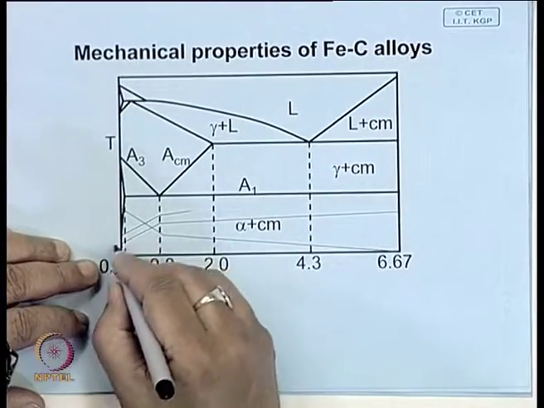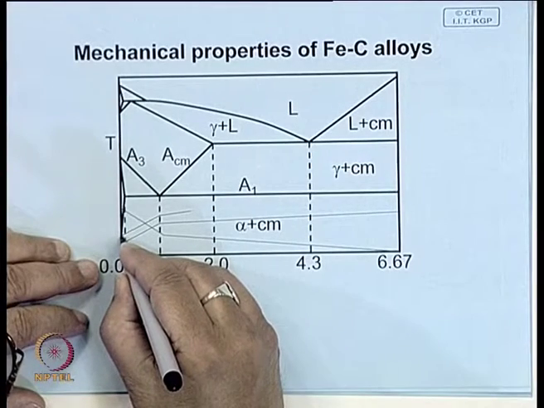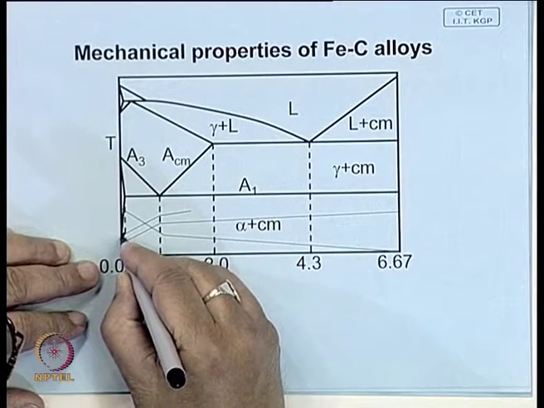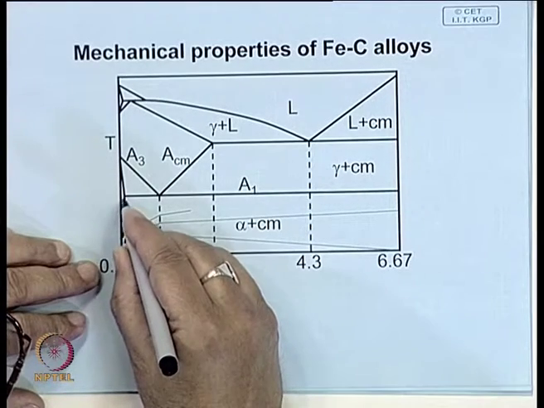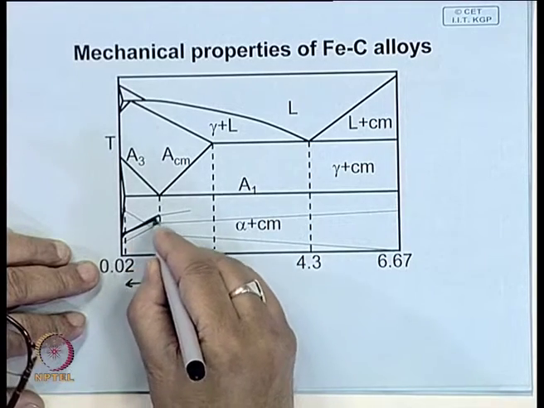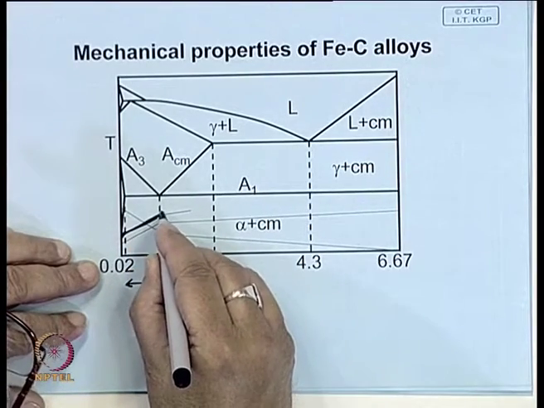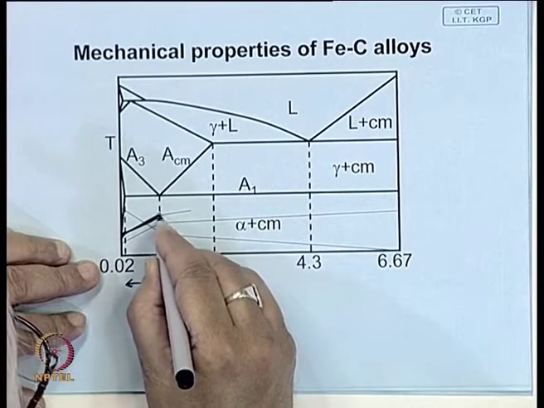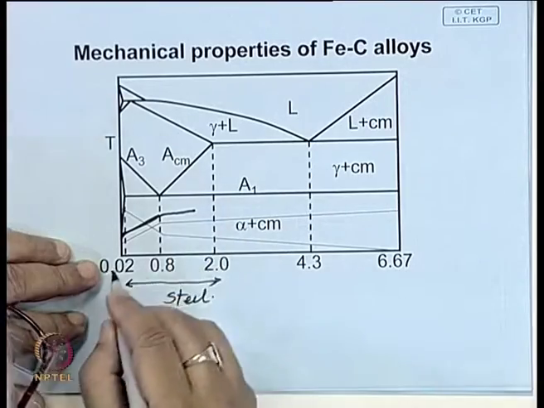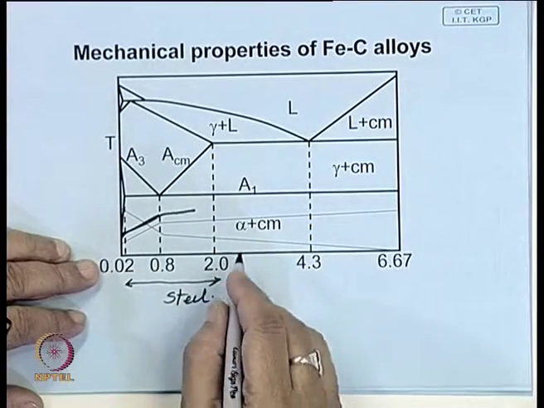There you will find, if you increase the carbon content in this portion, there will be a slight increase because of the solubility, and then this part is linear, and then here around this you almost get the optimum property, and thereafter the property increases very slightly.